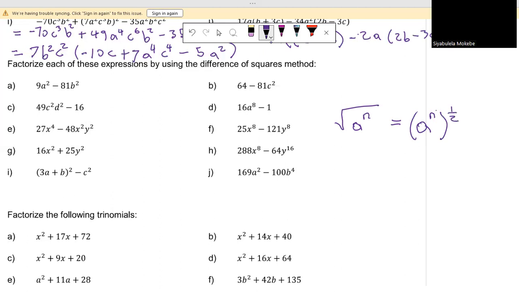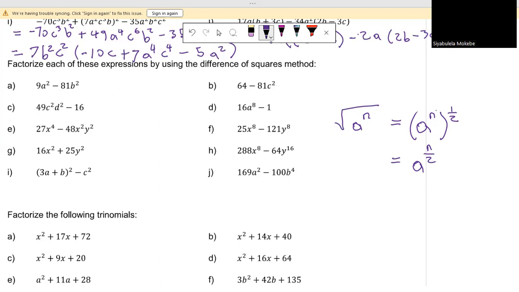So the square root symbol means that you are raising whatever you have to the power 1 over 2, which is the same as saying a to the power n over 2. So whatever power you have, you divide it by 2.